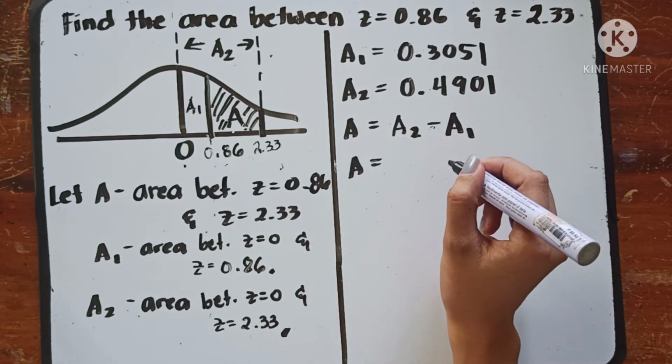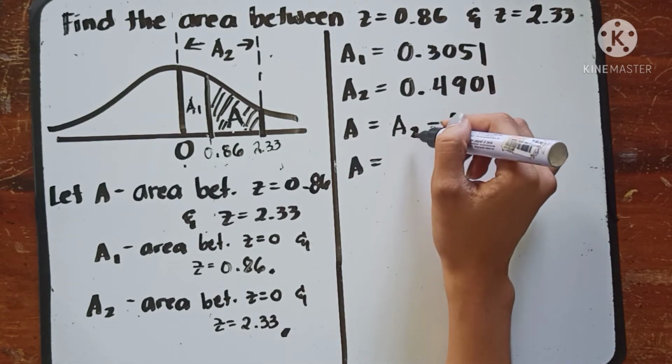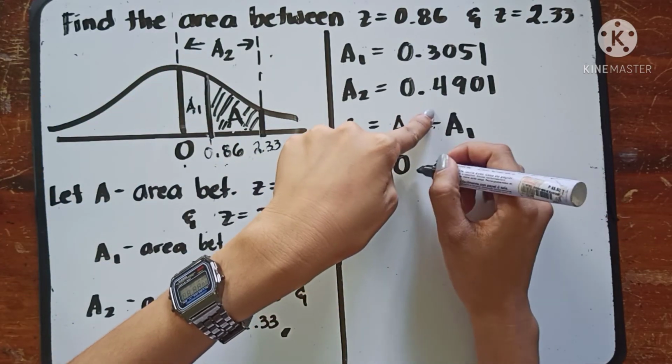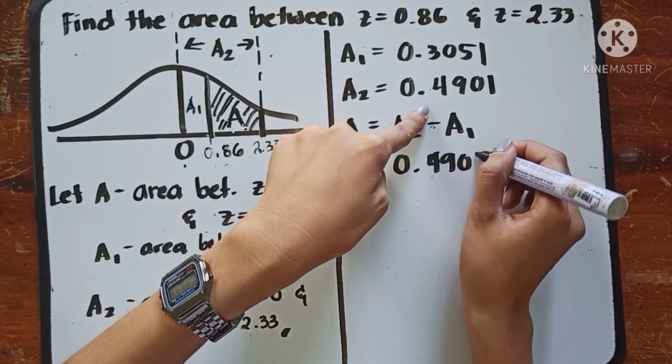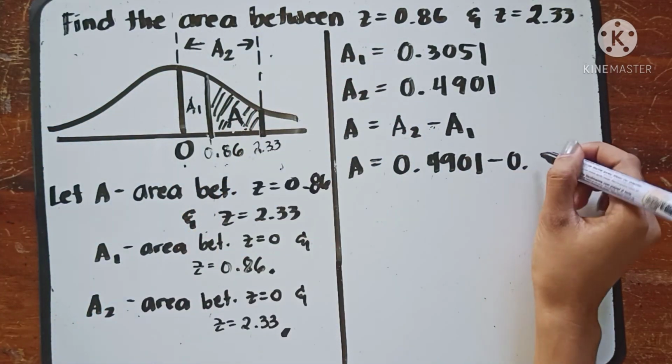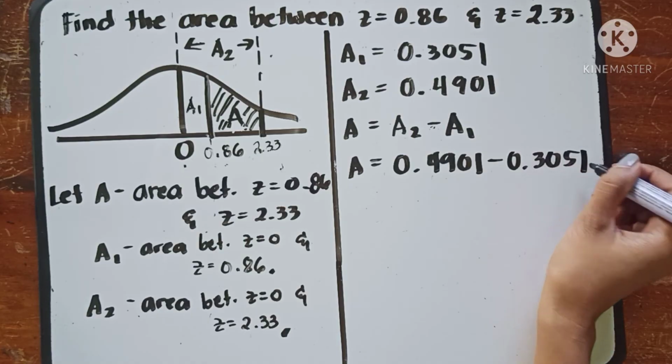Okay? Just substitute the value of our A sub 2 minus A sub 1. Since nakuha na natin siya from the table, A sub 2 natin is 0.4901 minus A sub 1 natin, which is 0.3051. Okay?